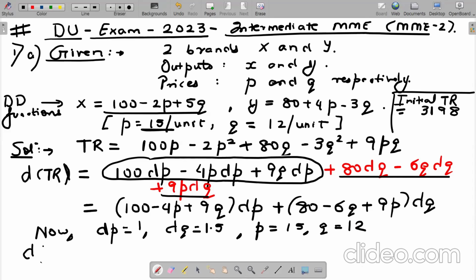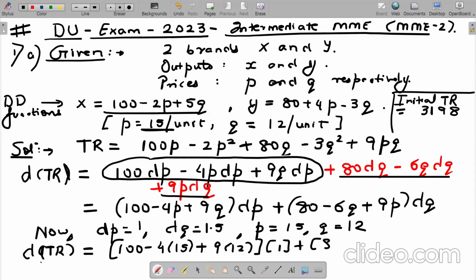So my total change in revenue DTR is going to be 100 minus 4 times 15 plus 9 times 12, whole times DP is 1, plus 80 minus 6 times 12 plus 9 times 15, times DQ is 1.5. So let's calculate this particular expression.